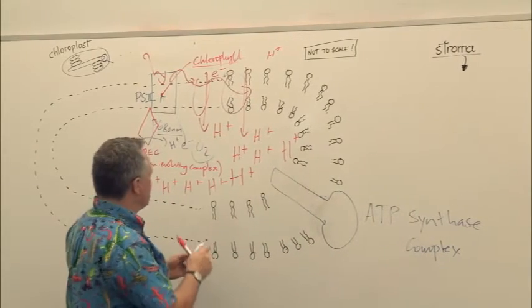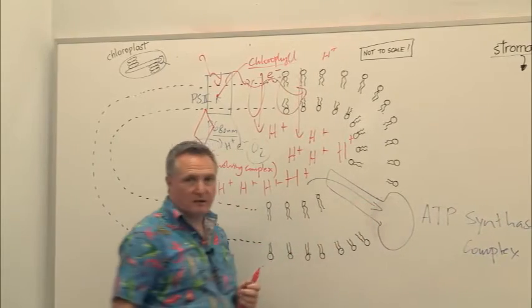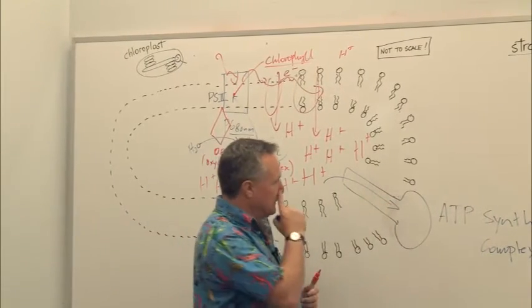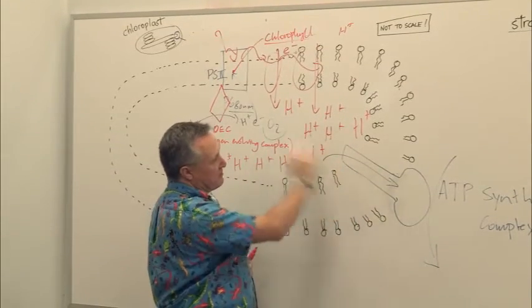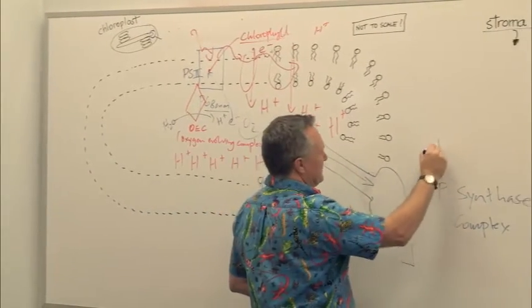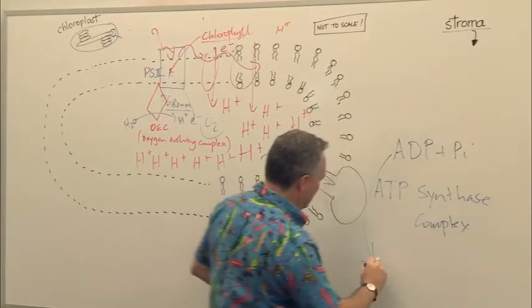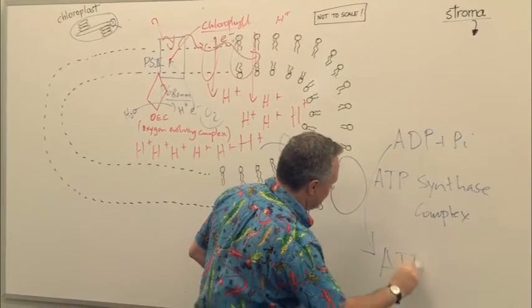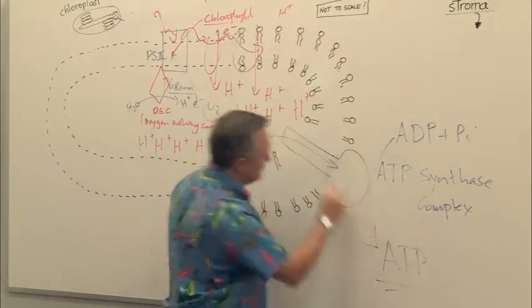So what it does is it uses the hydrogens that funnel through this special complex, and the energy from the force that these hydrogens coming through produce will actually turn ADP, here's our input, into ATP, which is the output. So that energy of the hydrogens building up here will create ATP, okay?